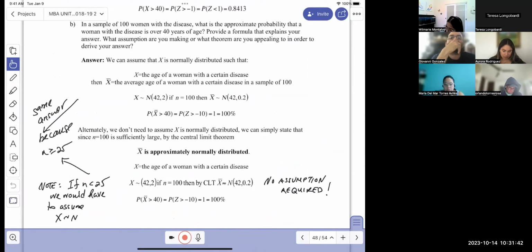Yeah, I just talked about the assumptions, but you should get the same answer. And 40 is greater than 1 because, not 40, but x bar greater than 40 becomes z greater than -10. I'm sorry, I'm just responding to something I saw in the chat. And so -10 is way back here.